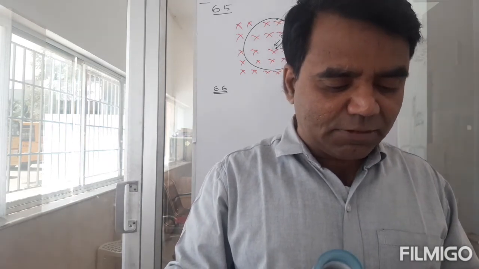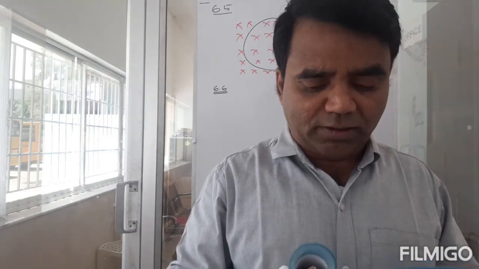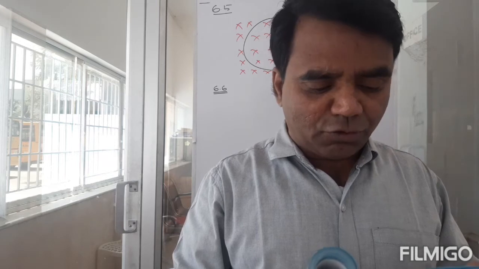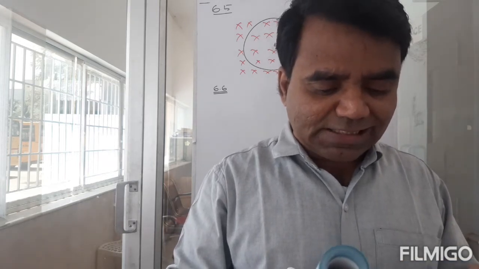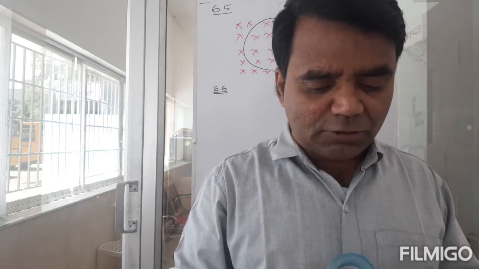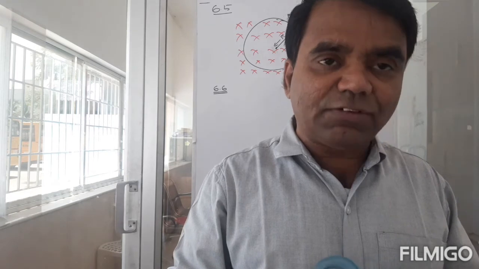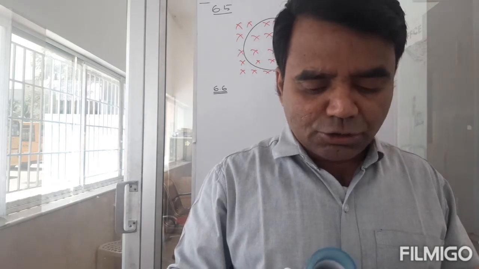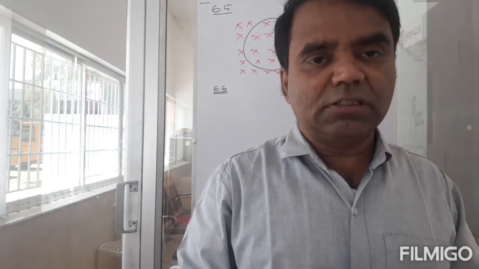Obtain the maximum and average EMF induced in the coil. If the coil forms a closed loop of resistance 10 ohms, then calculate the maximum value of current in the coil. Then calculate the average power loss due to joule heating. Where does this power come from?